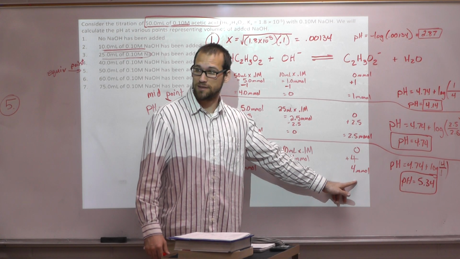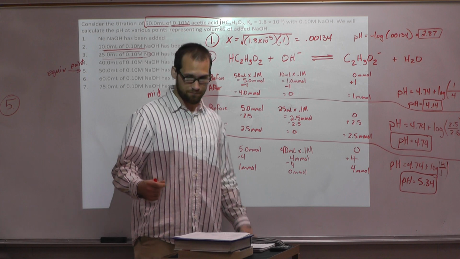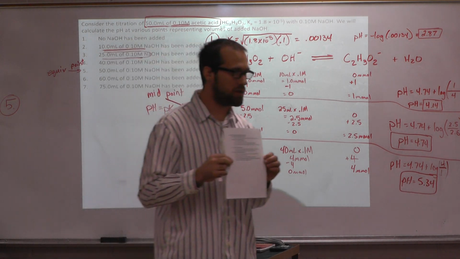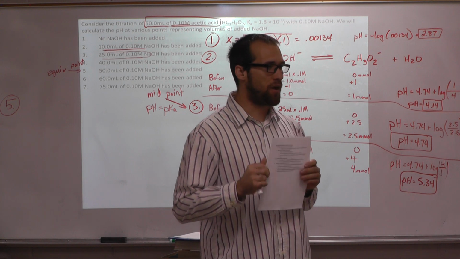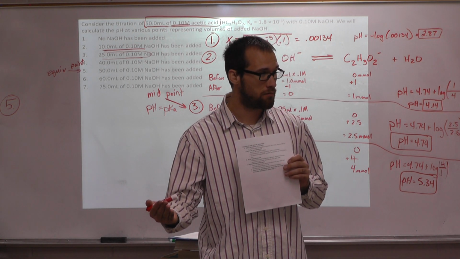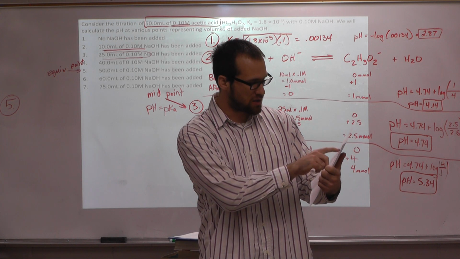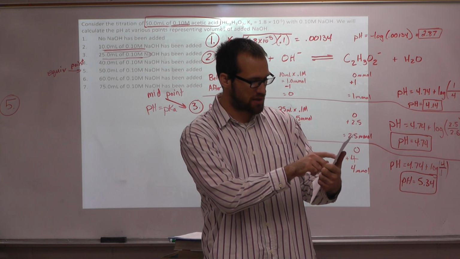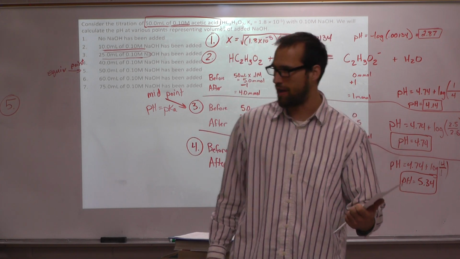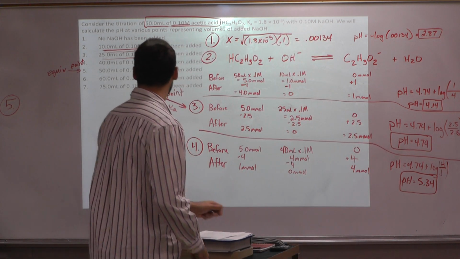Conjugate base, weak base. So when you do a weak acid problem, when you get to the equivalence point, it flips over to a weak base problem. At the equivalence point, perform it like a weak base problem, because all of the OH has been converted to a weak base. You don't have any acid left over.